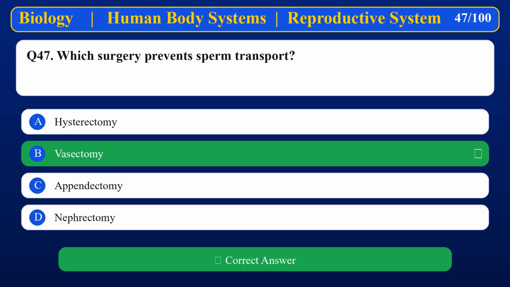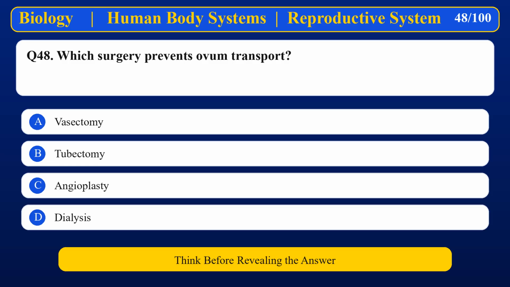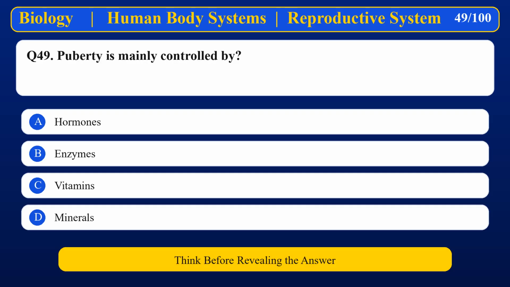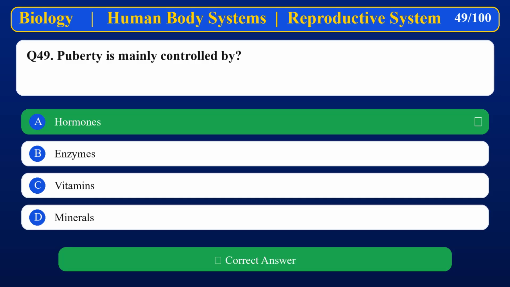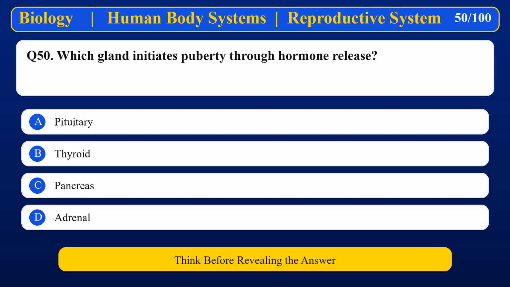Which surgery prevents sperm transport? Vasectomy. Which surgery prevents ovum transport? Tubectomy. Puberty is mainly controlled by? Hormones. Which gland initiates puberty through hormone release?